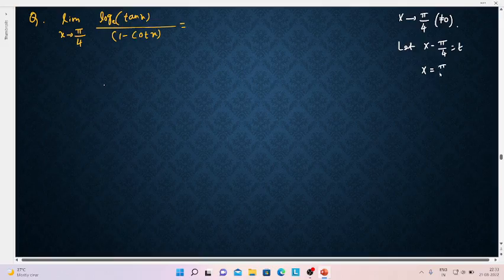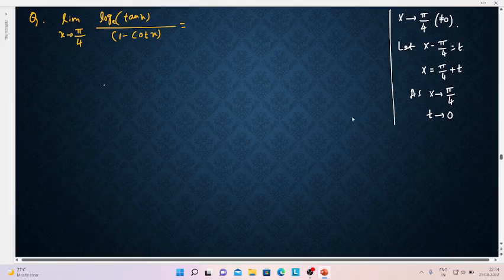It is nothing but pi by 4 plus t, right? As x tends to pi by 4, where will t tend to? t tends to 0, right? So we can change that particular variable x to t, which is what we did in the previous examples also.